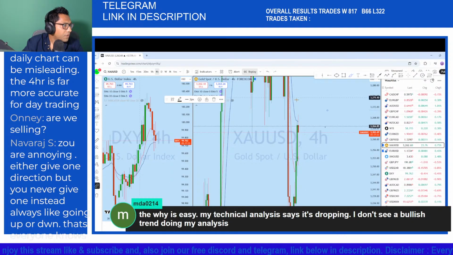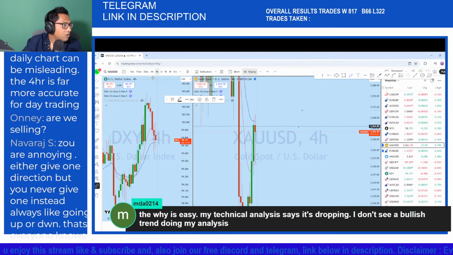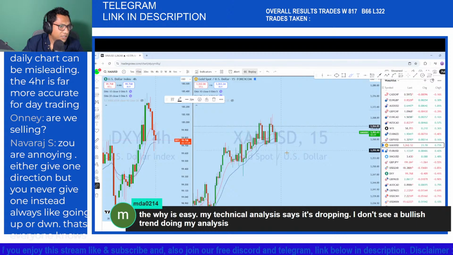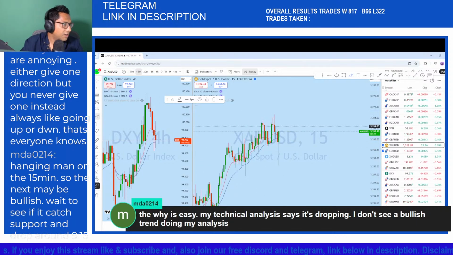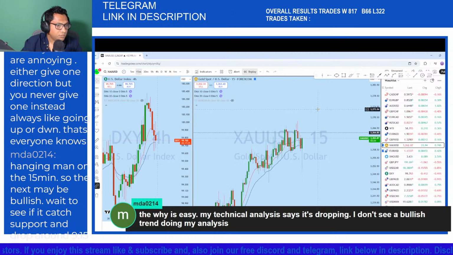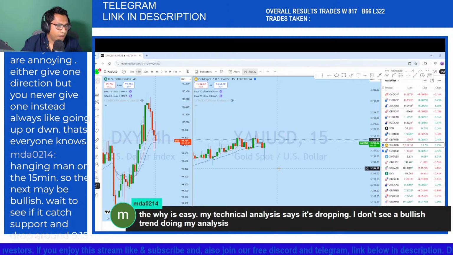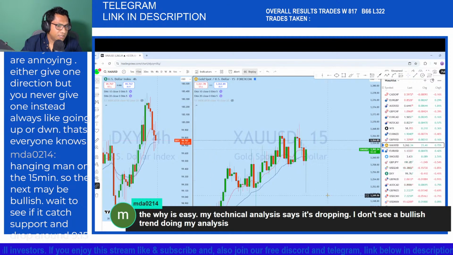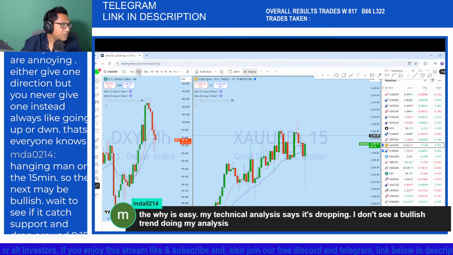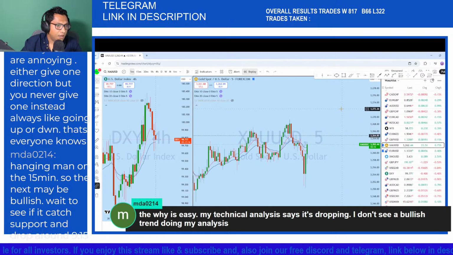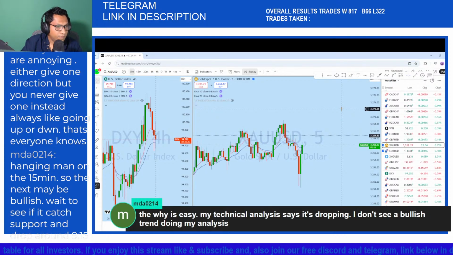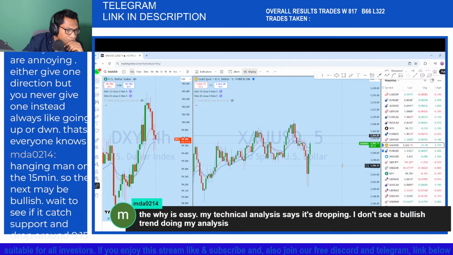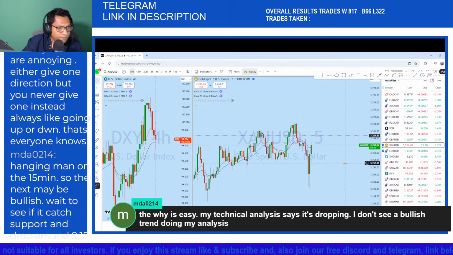From XAUUSD here on the lower time frame, we can see a big bullish pin bar in that area. With that in mind, we can see there is a long wick rejection. This is an important level of support.